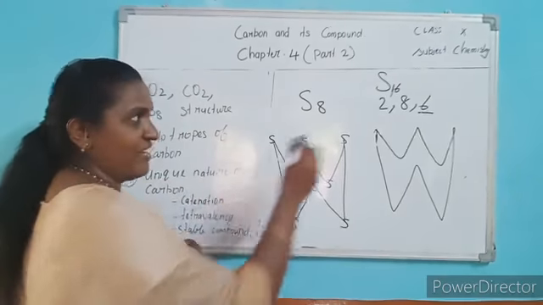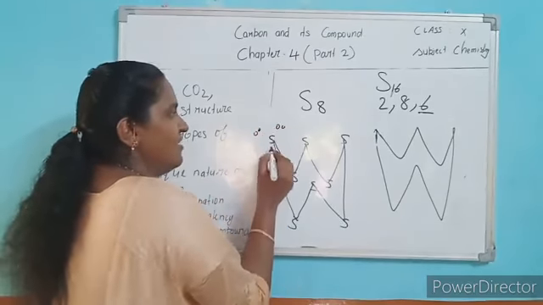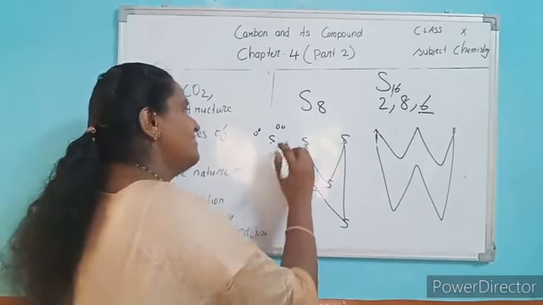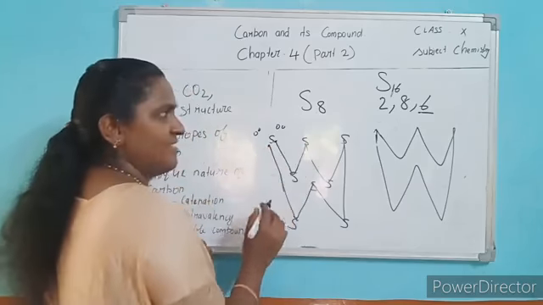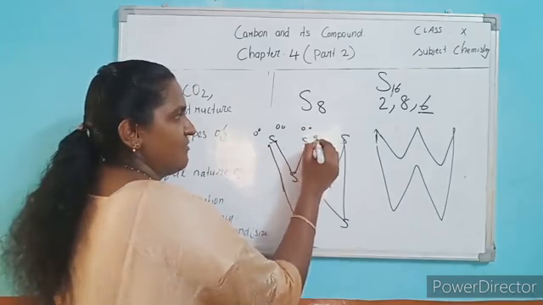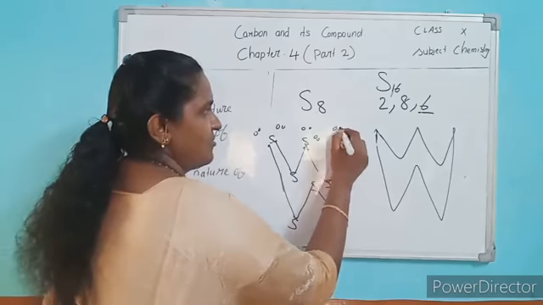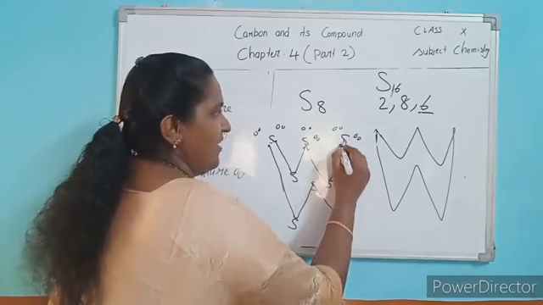And I told you around the sulfur 6 electrons are there. 1, 2, 3, 4, here 5, here 6. Clear? 1, 2, 3, 4, 5, 6. Here also 1, 2, 3, 4, 5, 6.